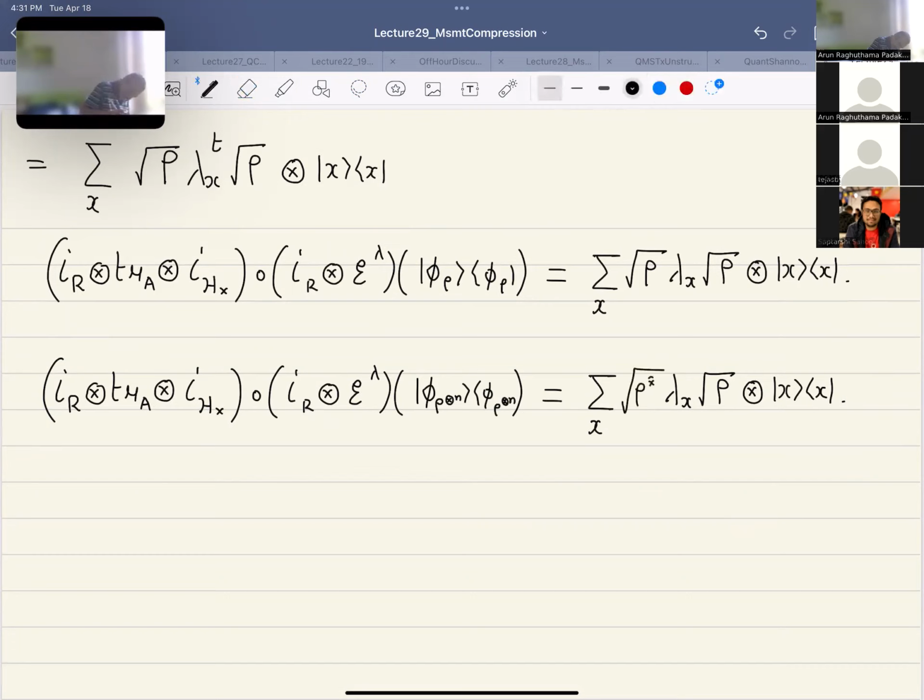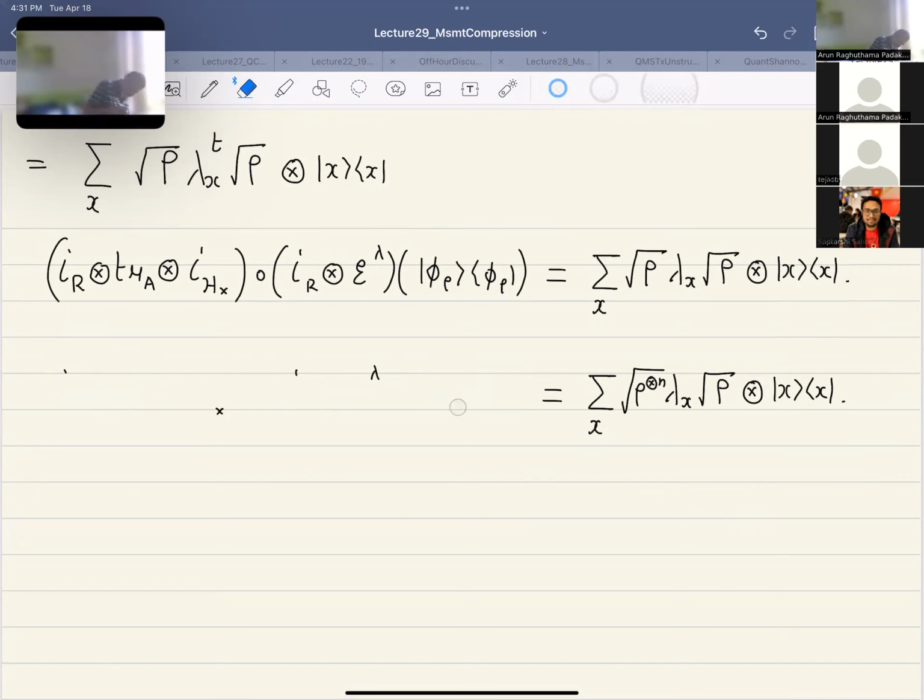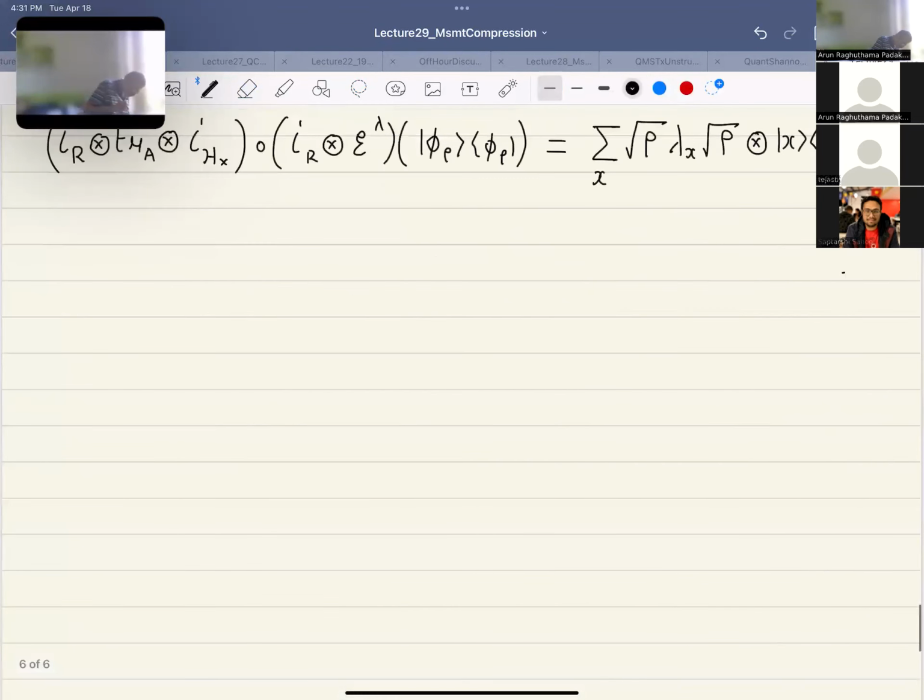Okay, this can be checked, but maybe I'll do this carefully because there is one more thing. So what we did is we operated lambda x on rho, right? Now I'm going to operate lambda xn. What do I mean by this?